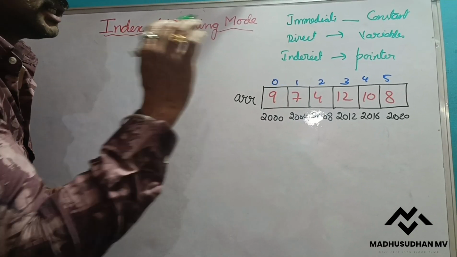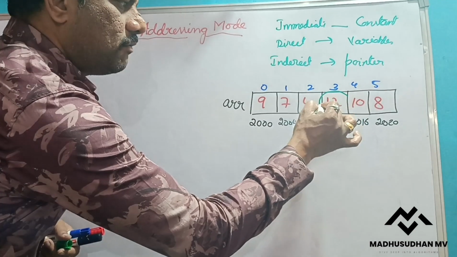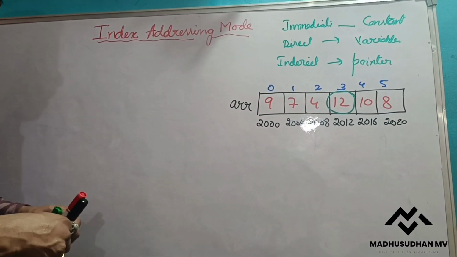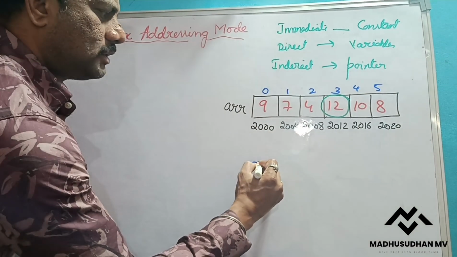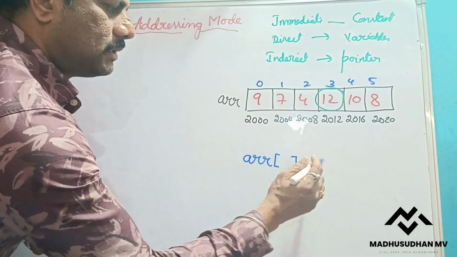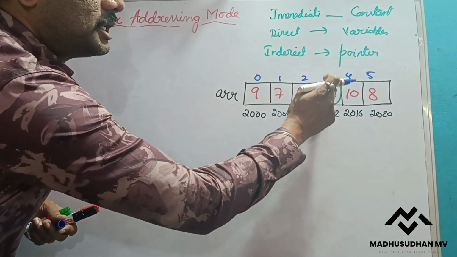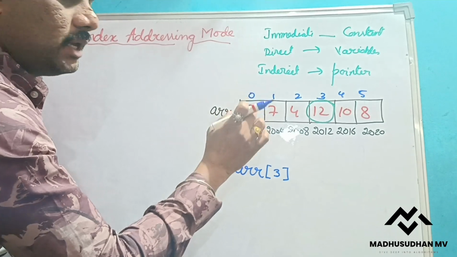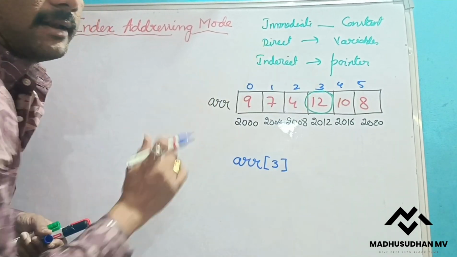If I want to access, for example, the value 12, in a programming language we use the array name and within the square brackets we give its position, 3. ARR of 3 gives 12, and ARR of 4 gives 10.